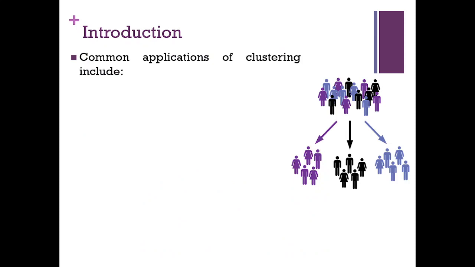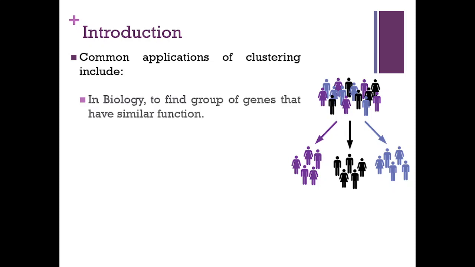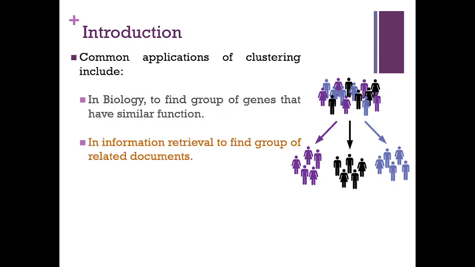Now, what are the various applications where clustering is useful? Clustering is useful in biology to find a group of genes that have similar function. Another use is in information retrieval. For example, you search on the web about Amazon. Now, Amazon could be the Amazon shopping site, or there could be an Amazon river.